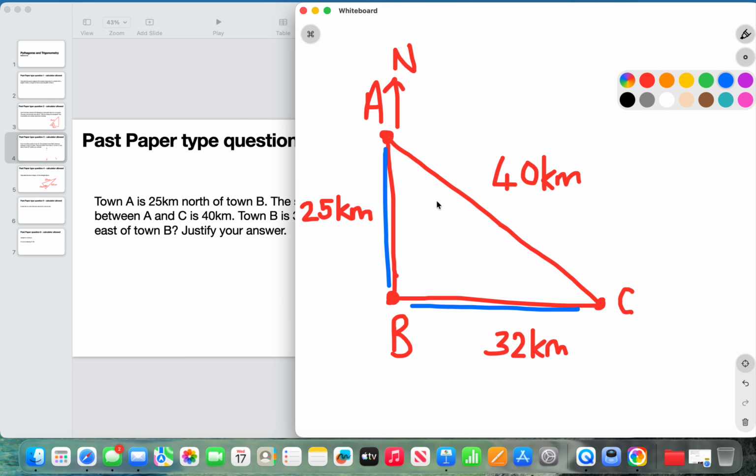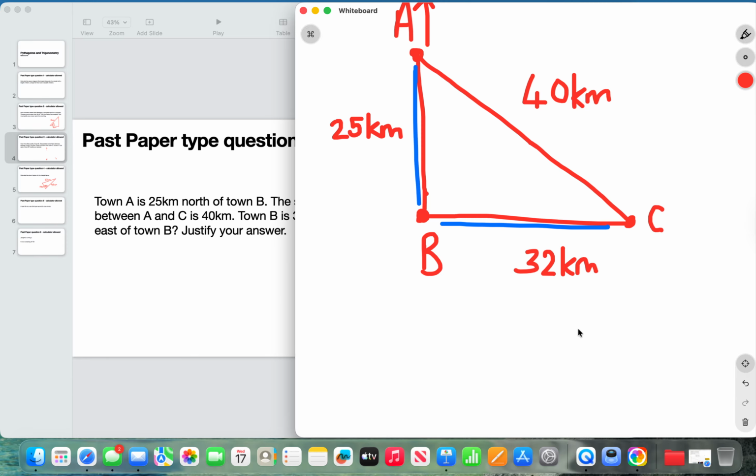You want to take the square of the longest side. Then you want to take the squares of both of the smaller sides and add those squares together. And if those two numbers are equal, then it's right angled. And if they're not, then it isn't. I'll show you what I mean.